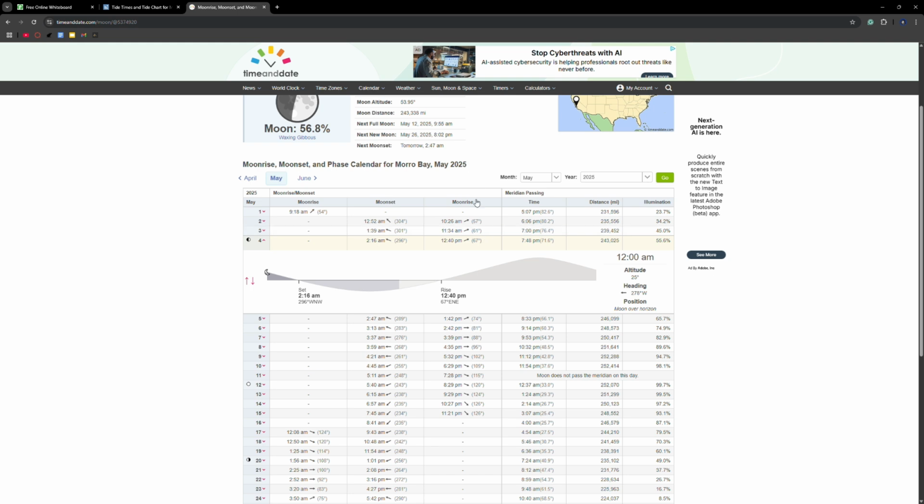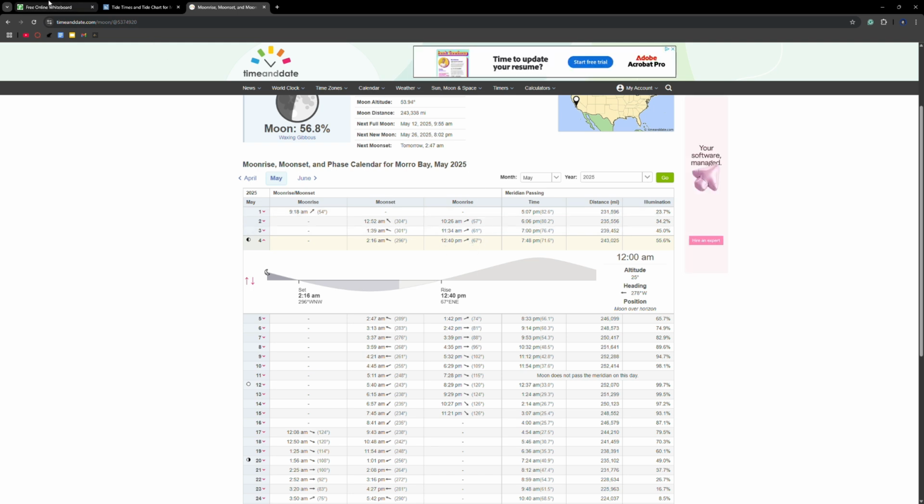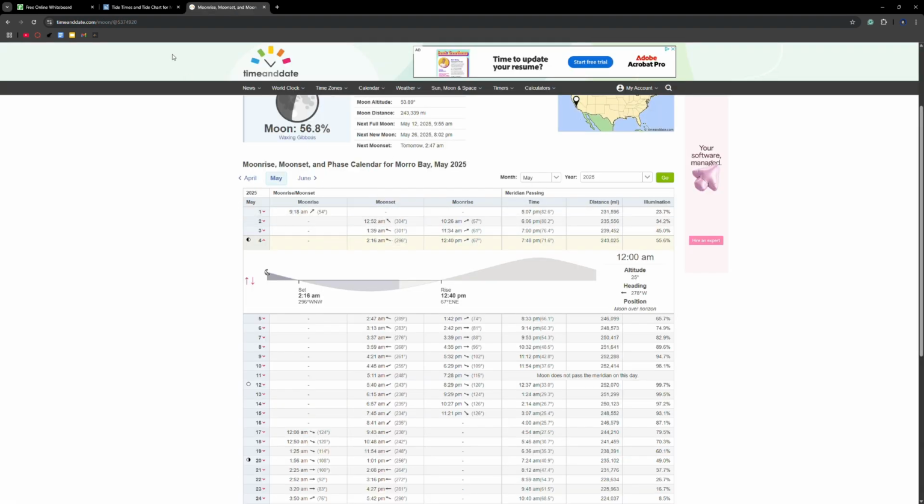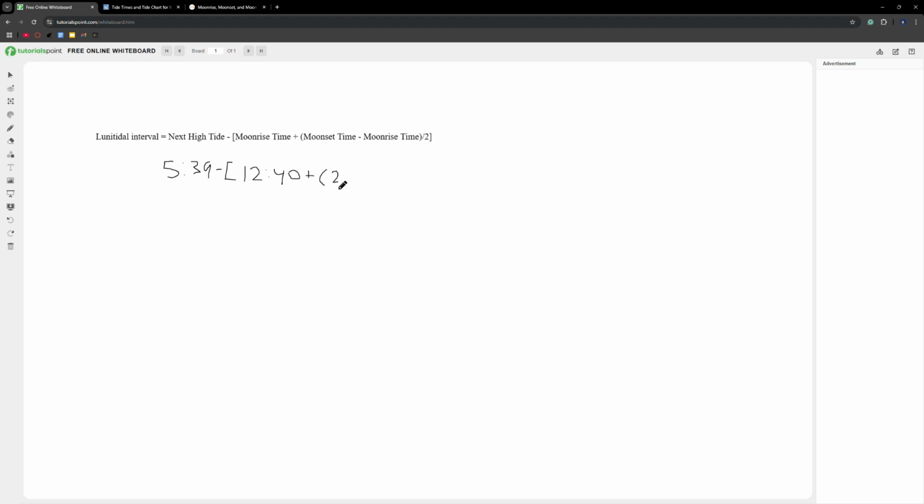The moonrise time, which is 12:40, plus the moonset time, which is 2:16, minus the moonrise time, which is 12:40, and then you divide that by 2.